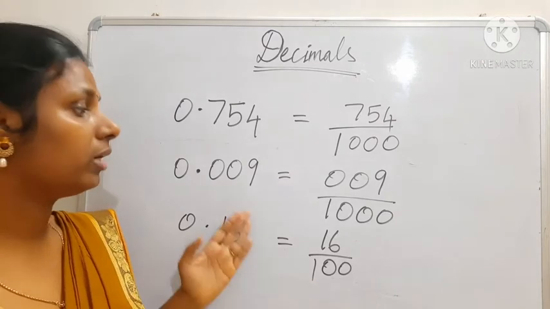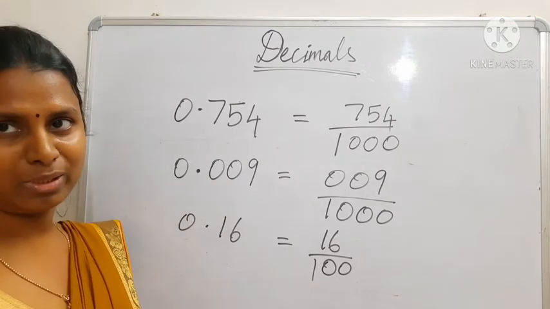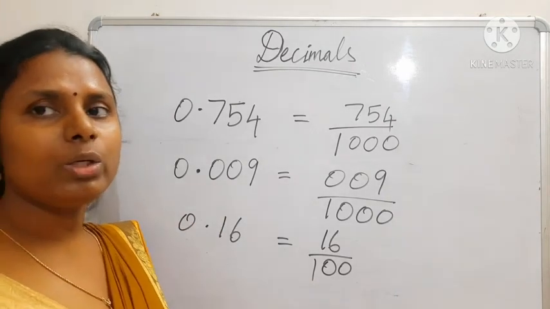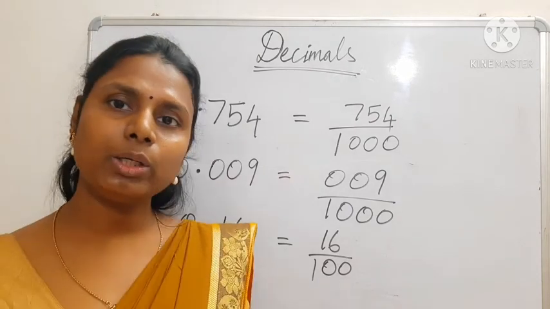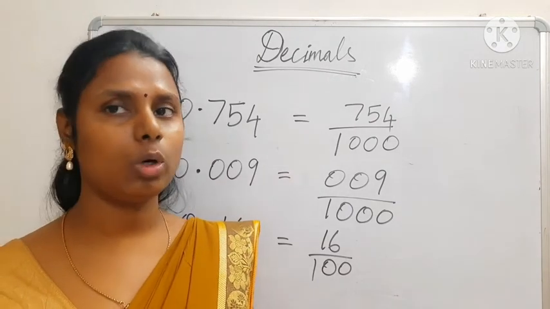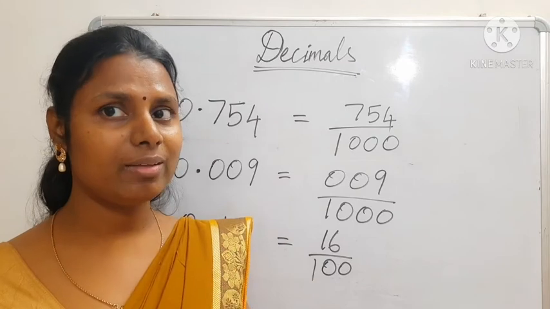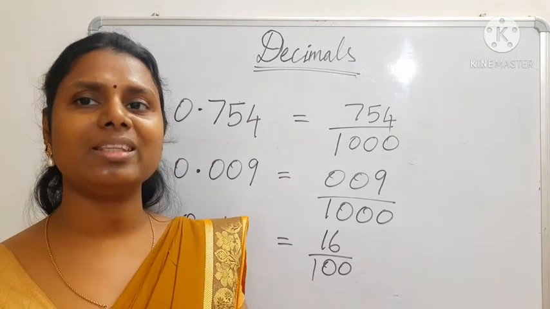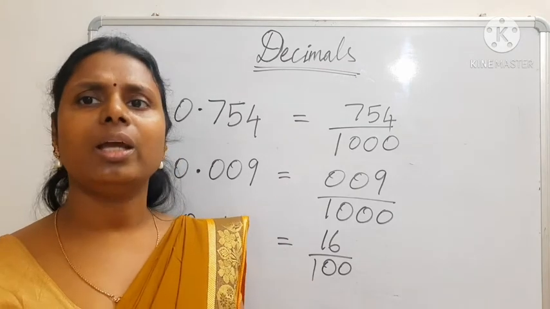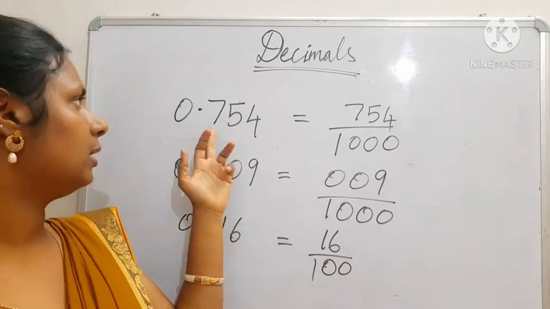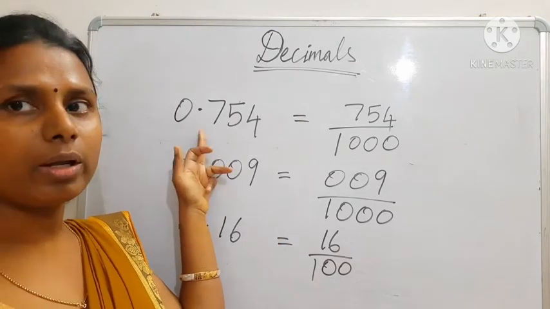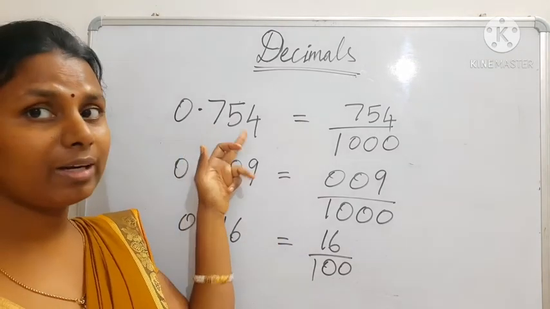Now how to read these decimals? When you read the numbers according to the place value, you read the whole numbers. But when you read the decimals, you read the numbers separately. For example, 0.754. You don't say seven hundred fifty-four.